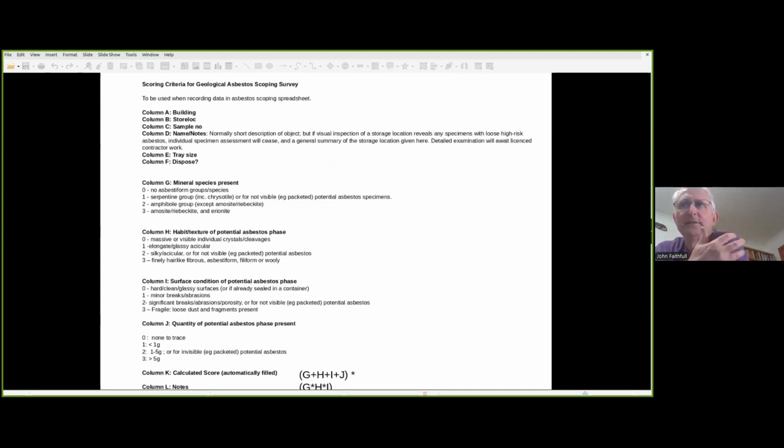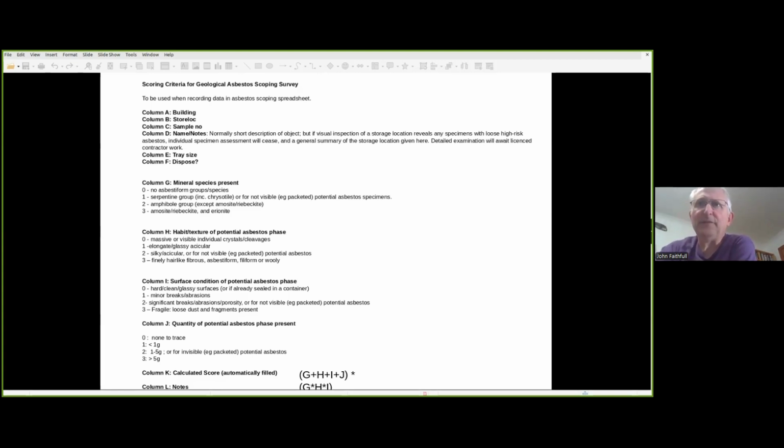I produced a scoring method of looking at specimens in a museum, and this is not necessarily the only way of doing it. We found this worked, and we calibrated the scores we got against material by having them looked at by an asbestos lab. So we were confident that these visual assessments would result in anything that might be asbestiform exceeding the visual threshold, and anything which was not unsafe could be proceeded with.